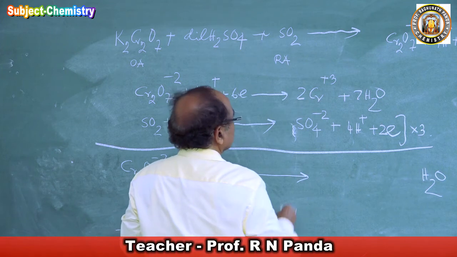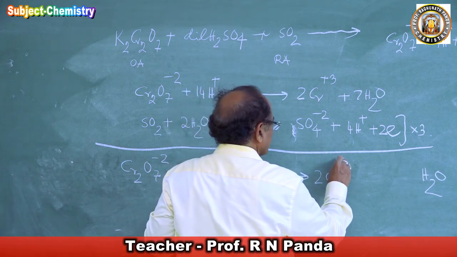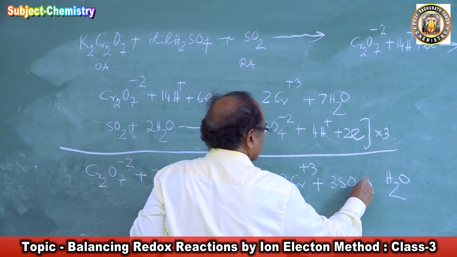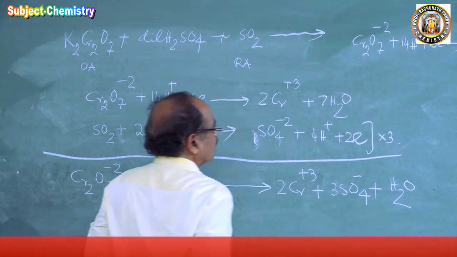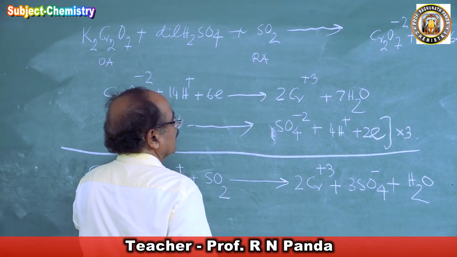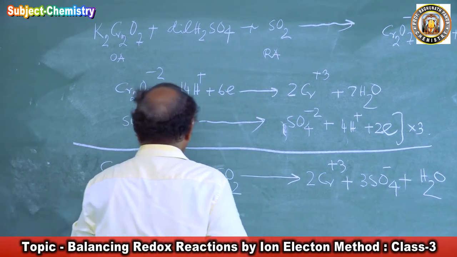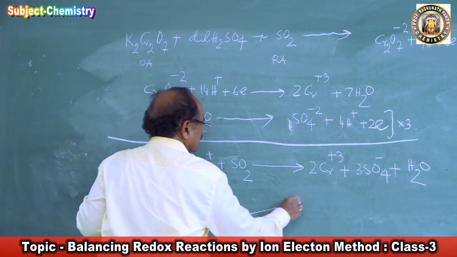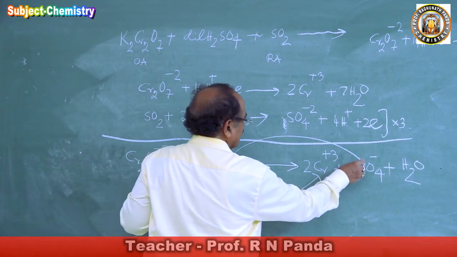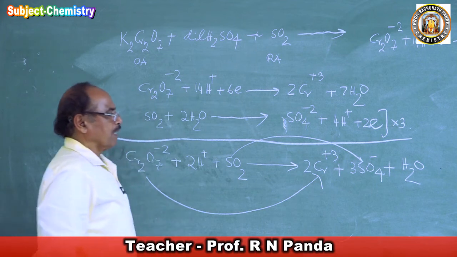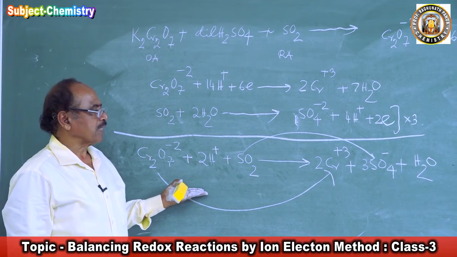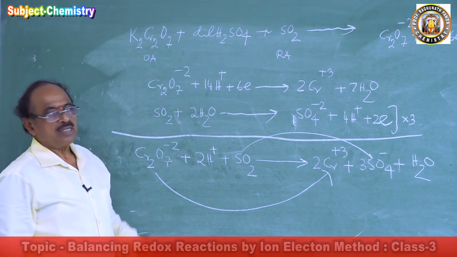Sulfur dioxide and dichromate become 2Cr^3+ and 3 sulfate. Dichromate ion is becoming Cr^3+, and sulfur dioxide is becoming sulfate. This is the balanced equation for potassium dichromate with sulfur dioxide.